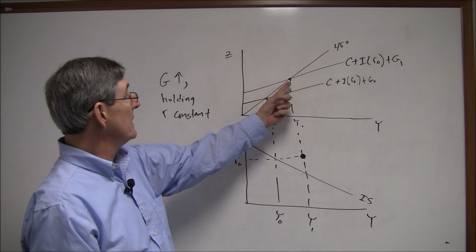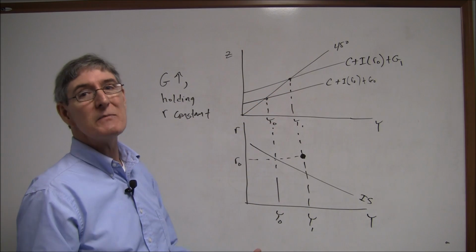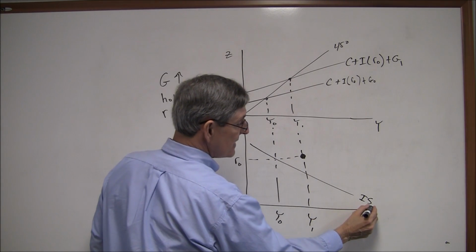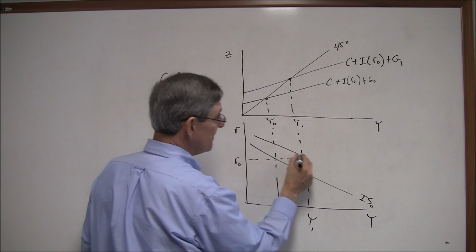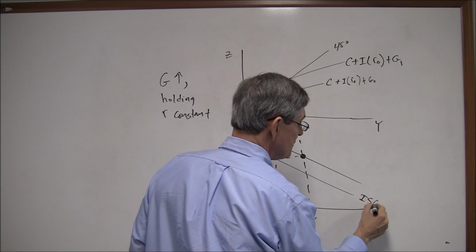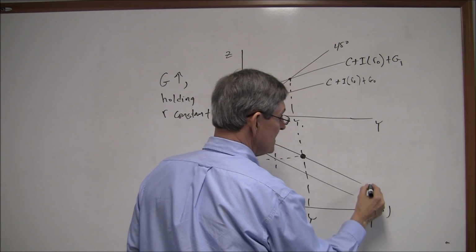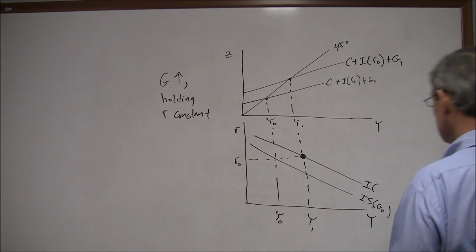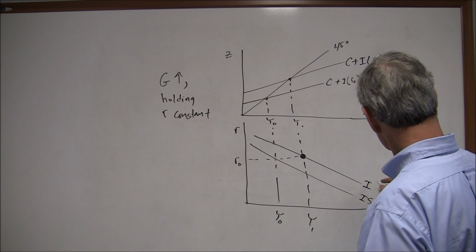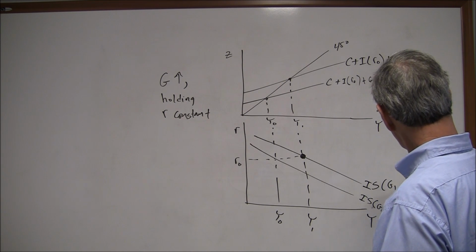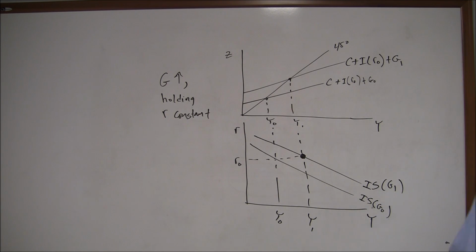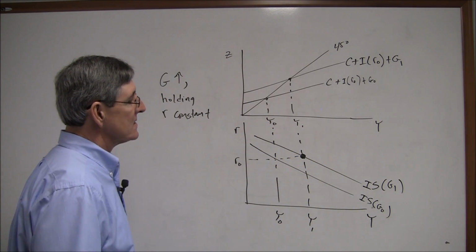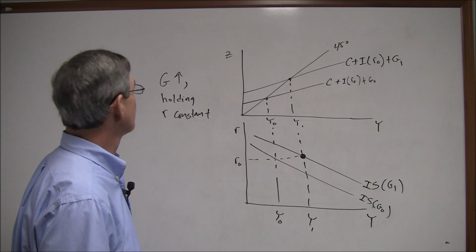Now this is an equilibrium in the goods market, so it has to be on the IS curve. So that tells us that the IS curve must have shifted from IS of G0 to IS of G1. So when government spending goes up, the IS curve shifts out.